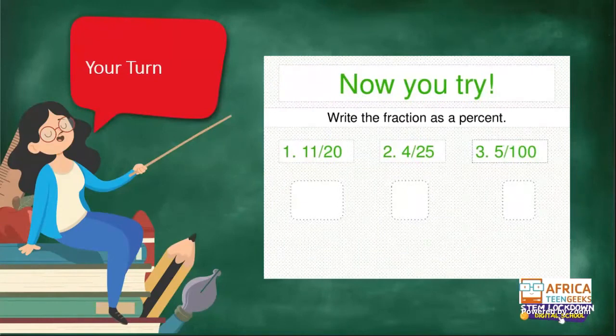Number 3, you have 5 over 100. All right, 3 is 5%. That's correct. But what about number 1 and number 2?